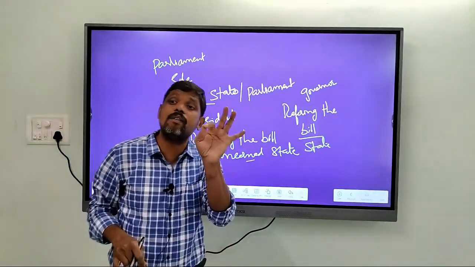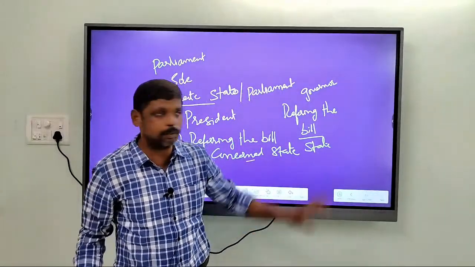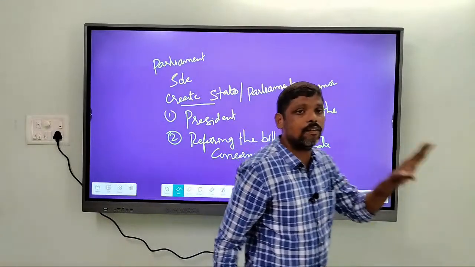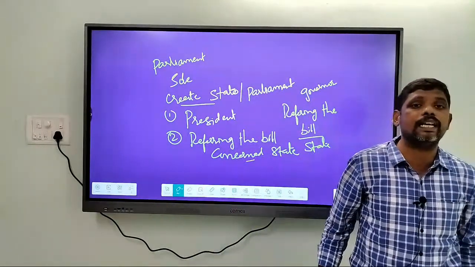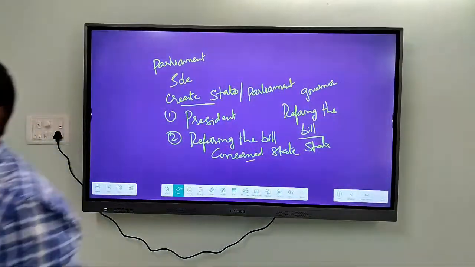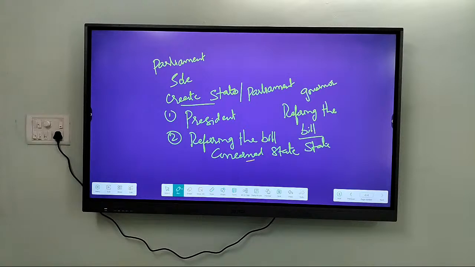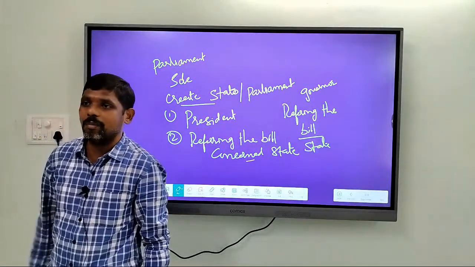In case the governor fails to act on the directions of the President to refer the bill to the state, what happens? He will report to the central government.